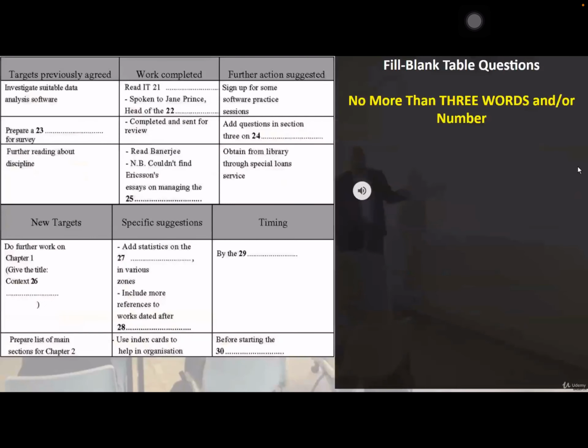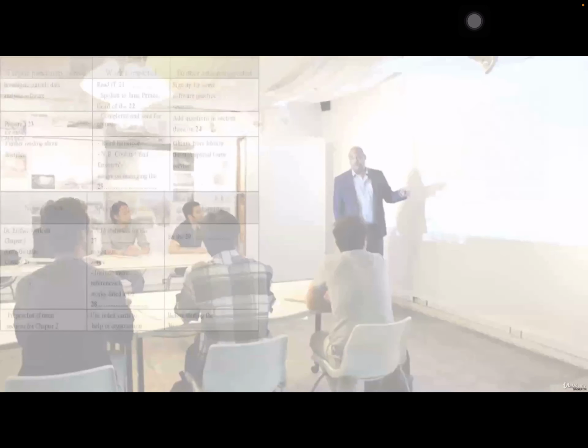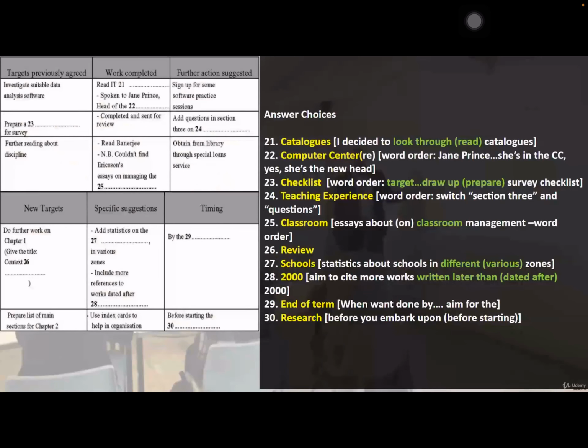All right, let's go ahead and go over the answer choices. Again, we're dealing with the situation where the man was interrupting her. That happens in real life, and they try to make it as real as possible. But that was what the guy was doing. The answer choices: number 21 is catalogs. 22 is computer center.